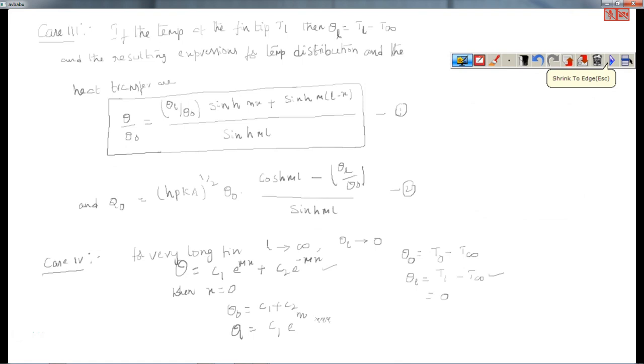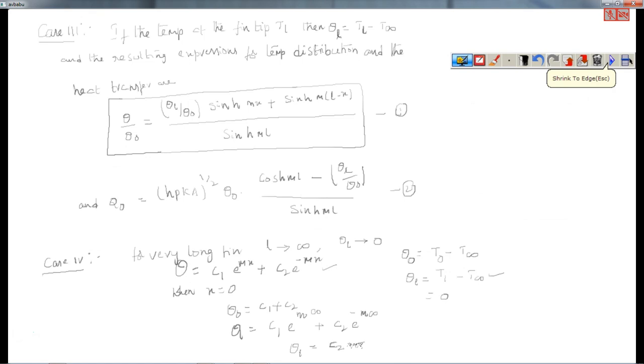Therefore, C1 e to the power of m infinity plus C2 e to the power of minus m infinity equals e to the power of infinity. Therefore, C1 is 0, and e to the power of minus m infinity is 0. Therefore, theta L is equal to C2.